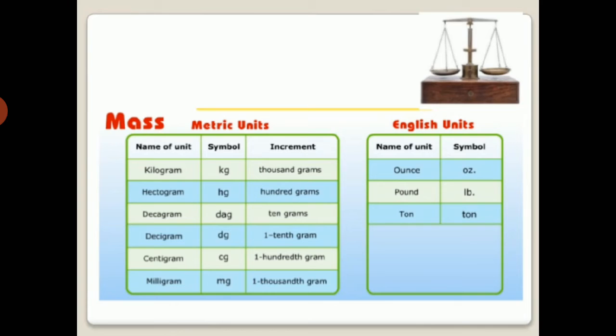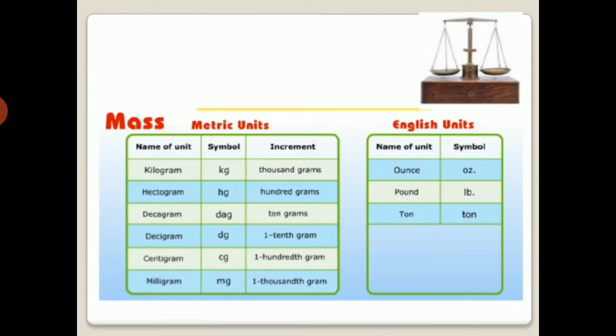In the metric system, both density and specific gravity are numerically equal. The density, weight and volume of any substance can be calculated from the following equations. Density is equal to weight upon volume, weight is equal to density into volume, and volume is the ratio of weight and density.